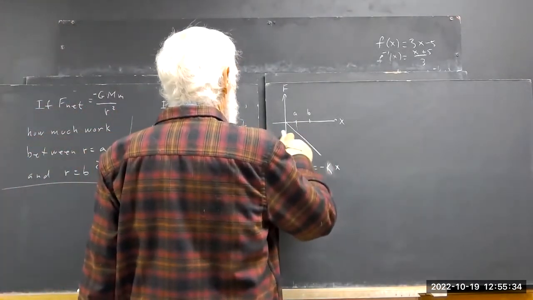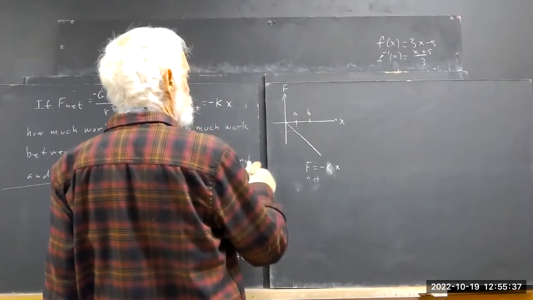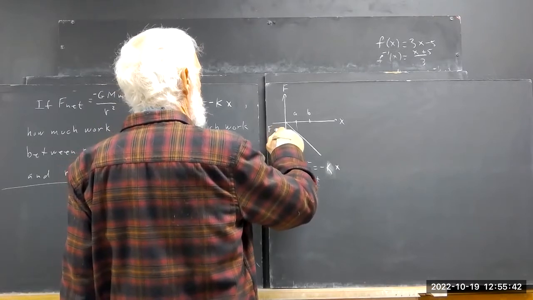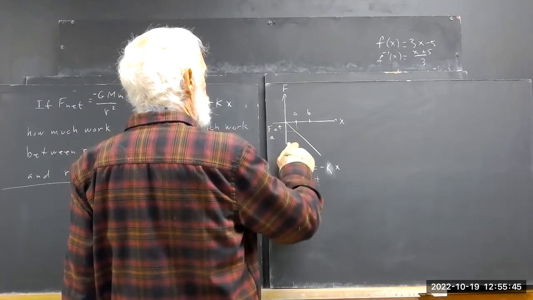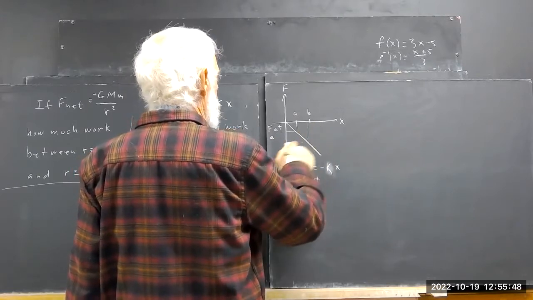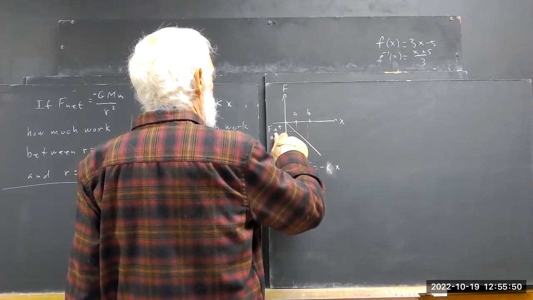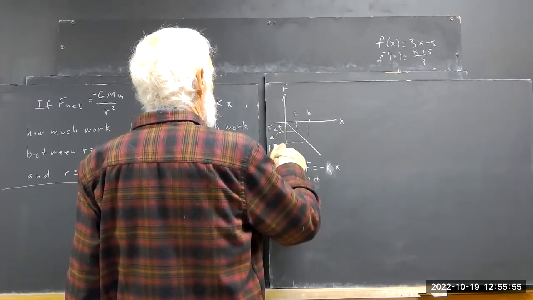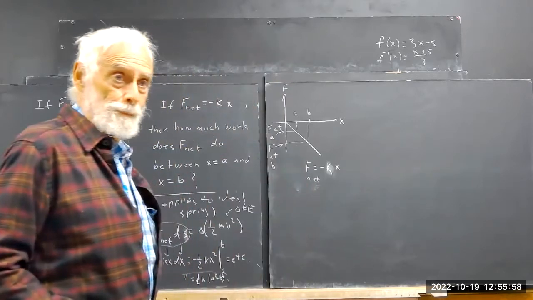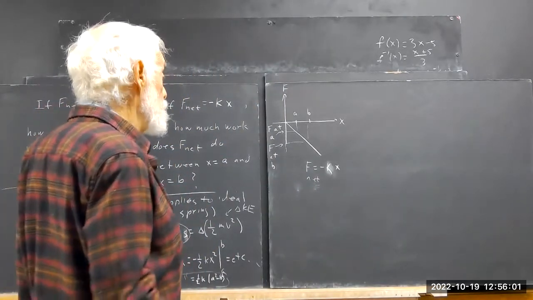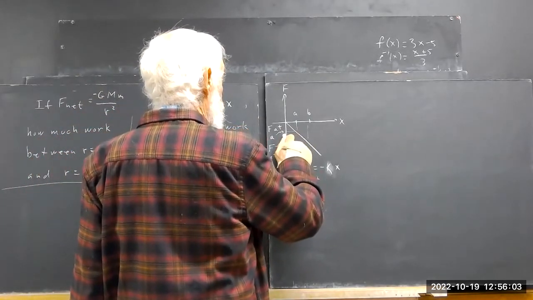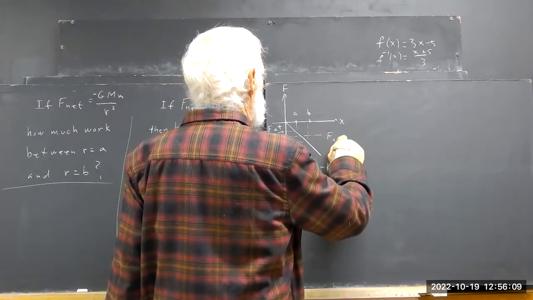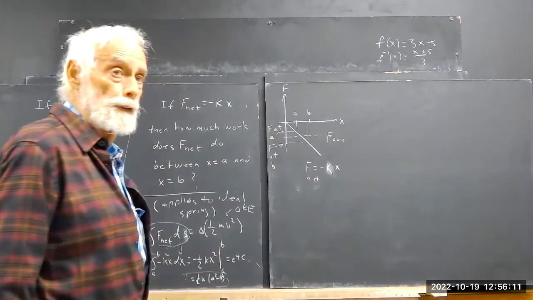Well, at point A, here's the force at A. And come down here and we get the force at point B. Okay. What's the average force? That's halfway between the force at A and the force at B. Here's the average force, right?